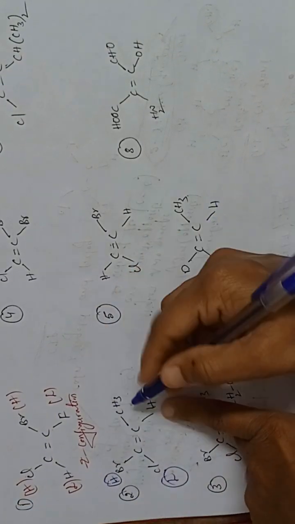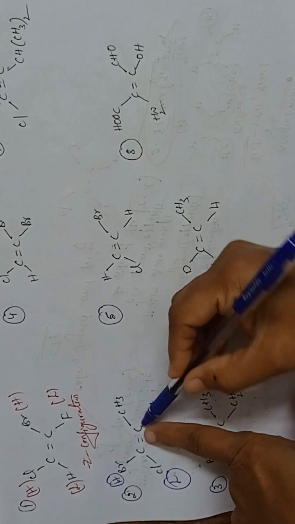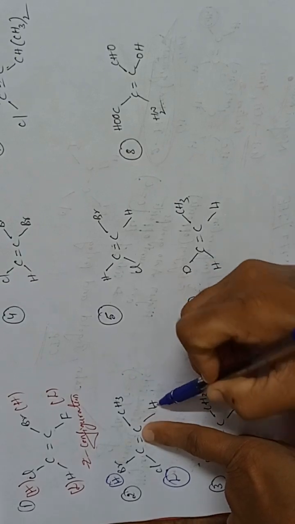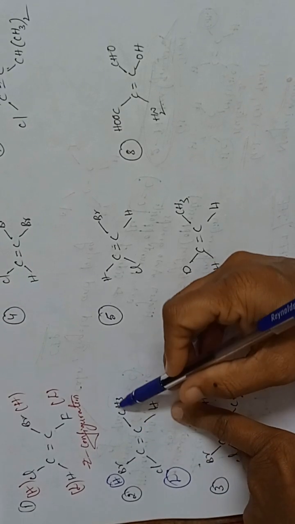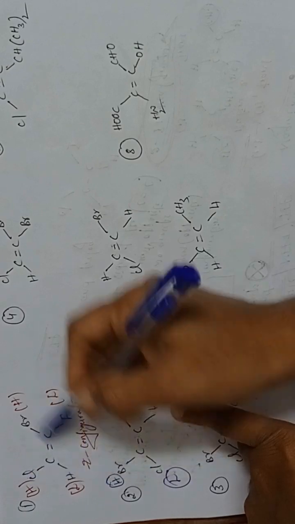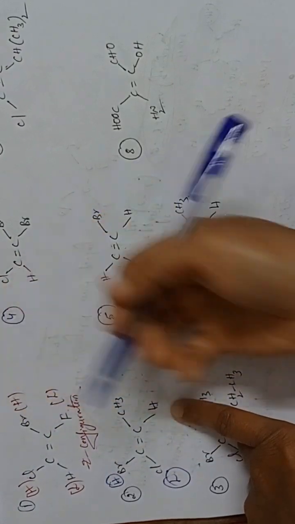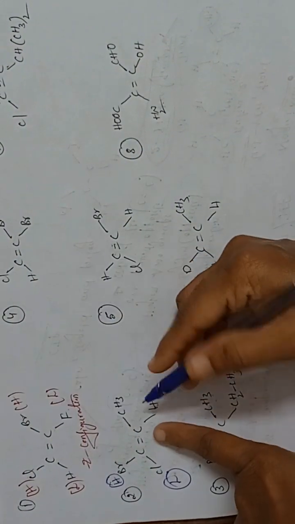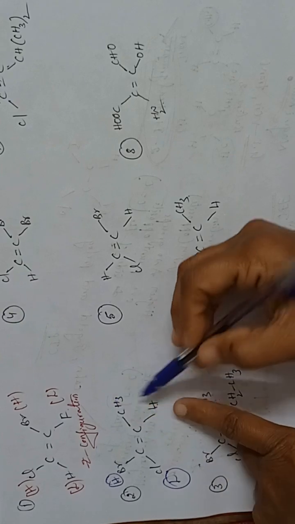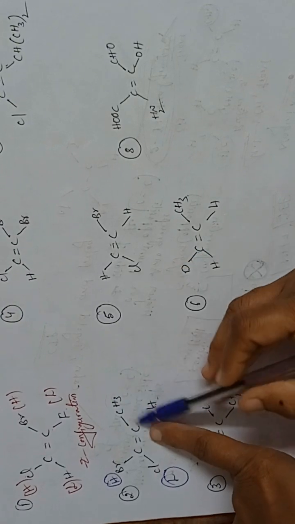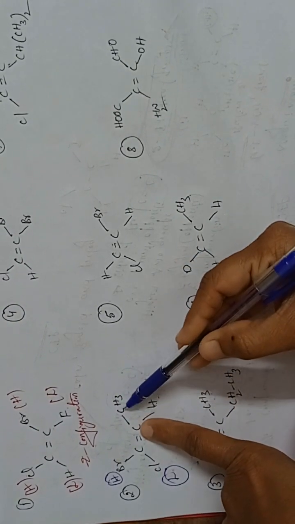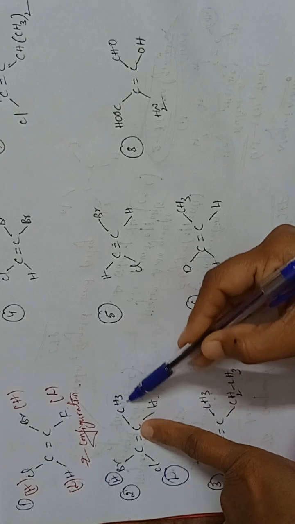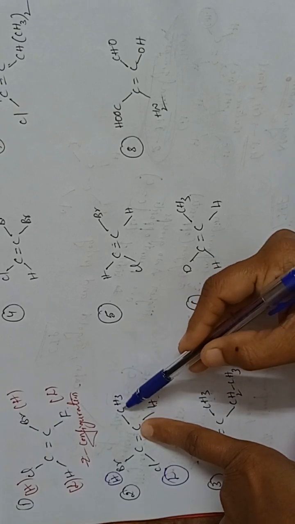Now this one, tell me here. This carbon is attached to a carbon, here hydrogen. Here a group is there. We can easily understand which has more atomic number. But here, a methyl group is there, and here hydrogen is there. Now you have to see: this carbon is attached to this carbon. In the methyl group CH3, what is the first atom?